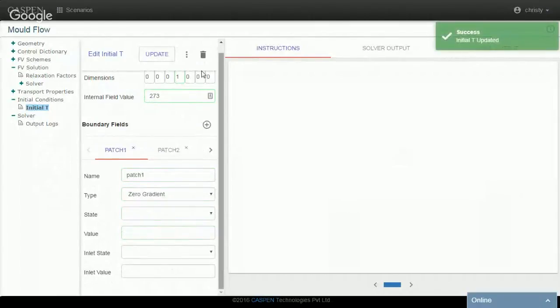So once your initial T is updated, you are done with all your pre-processing. So we will move on to the solver.